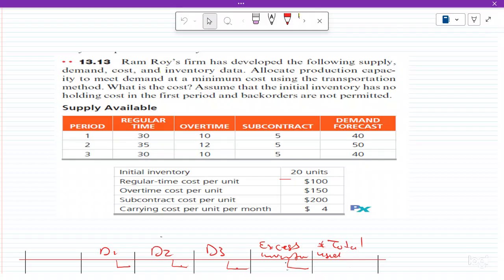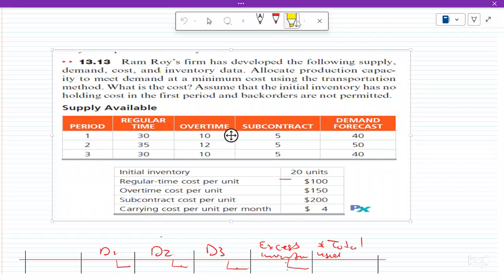So Remroy firm has developed the following supply, demand, cost, and inventory data. Allocate production capacity to meet demand at minimum cost. So this is what you need to do. You are allocating what? Supply.